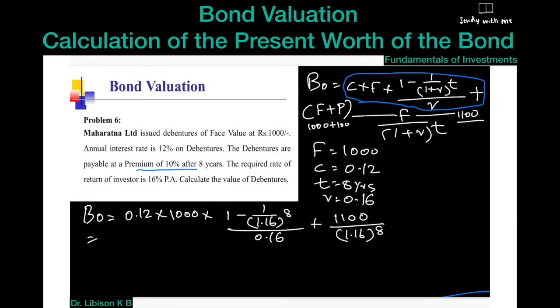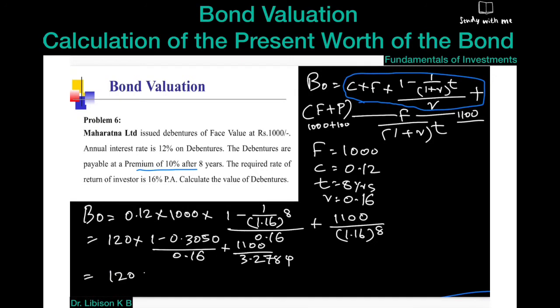When we solve it again, 120 multiplied by 1 minus 0.3050, whole divided by 0.16, plus 1100 multiplied by 0.3050. Again we solve it. 120 multiplied by 0.695 whole divided by 0.16, plus 335.528.